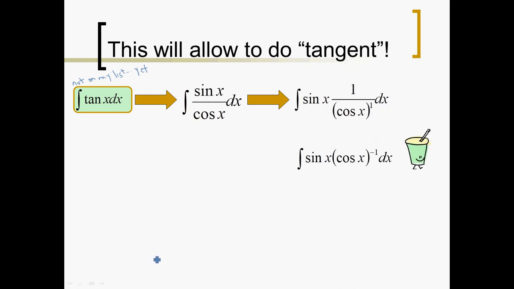Then I'm going to make u cosine of x, which means negative du is equal to sine x dx.